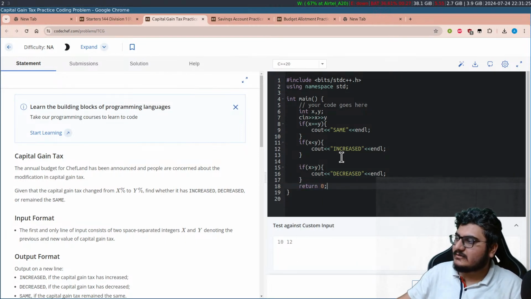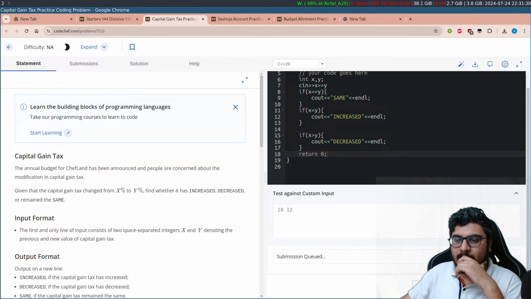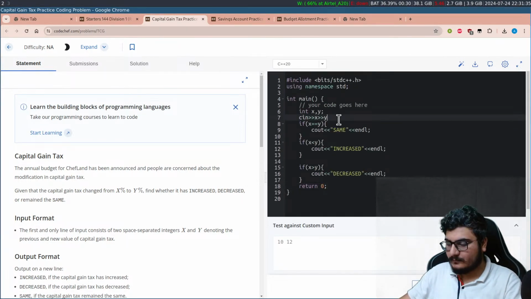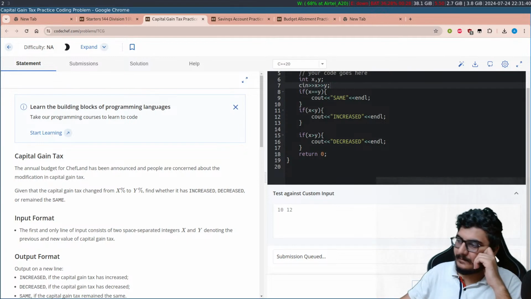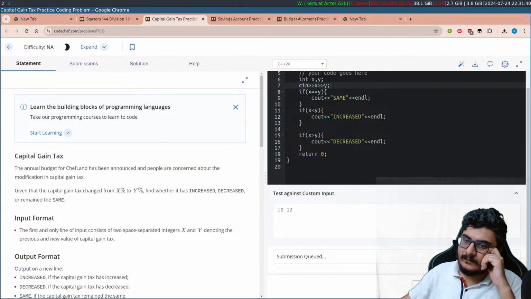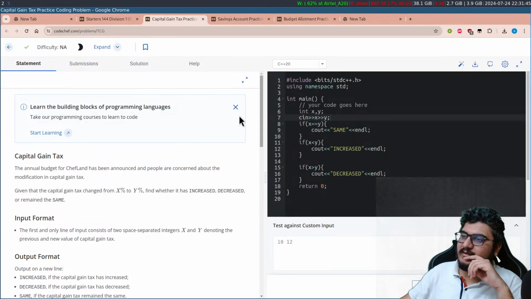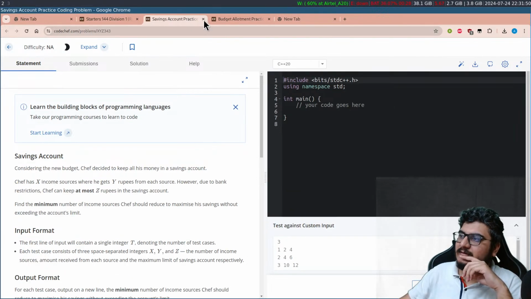So this would be the solution for this problem. Essentially this was the solution for the first problem, capital gain tax.